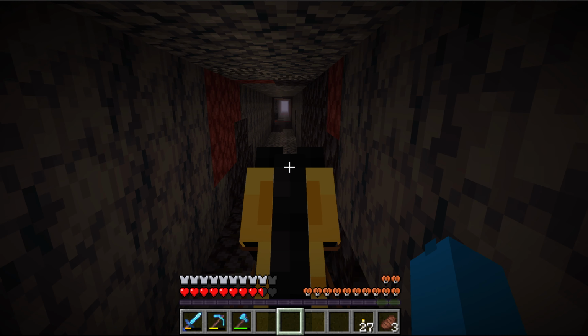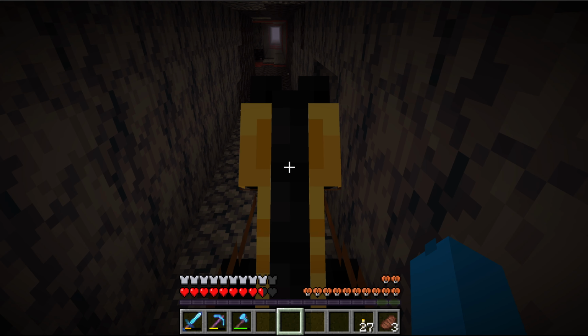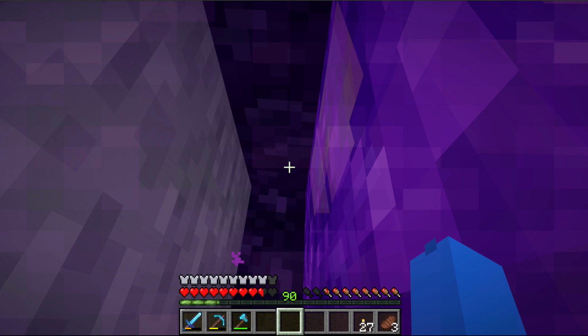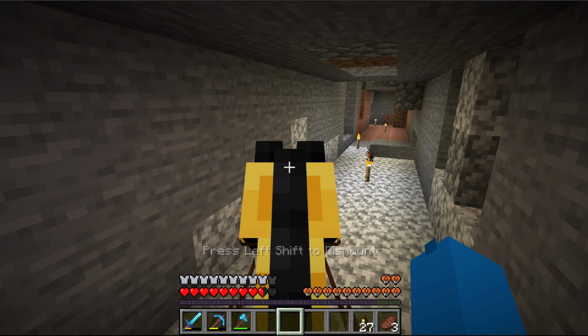It's way safer because ghasts will not spawn here. Piglins won't spawn here. Wither skeletons, blazes, none of that stuff will spawn up here. And I think it's probably one of the most effective ways of transport in the game.